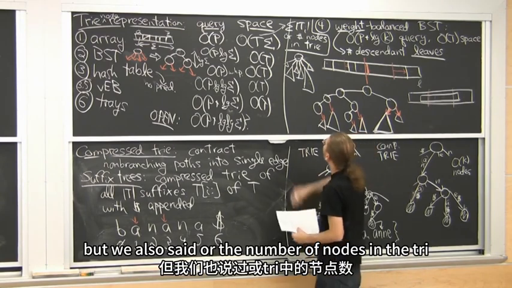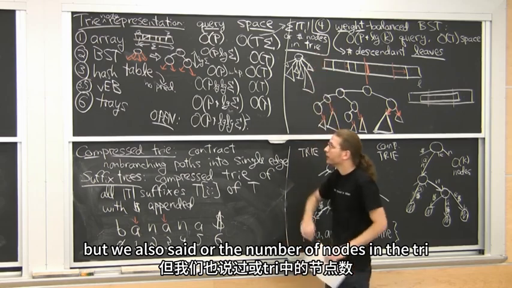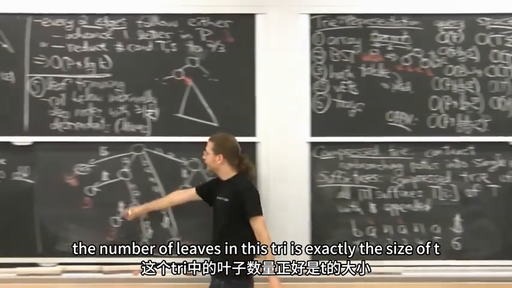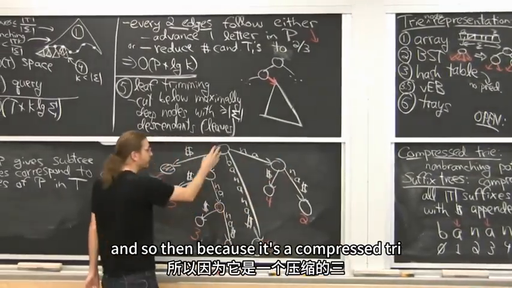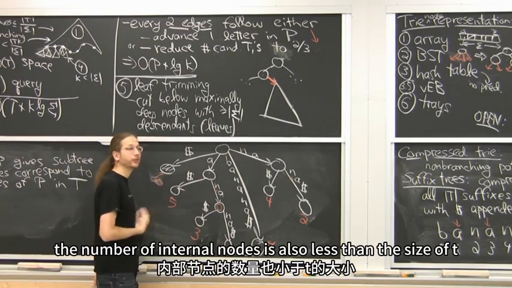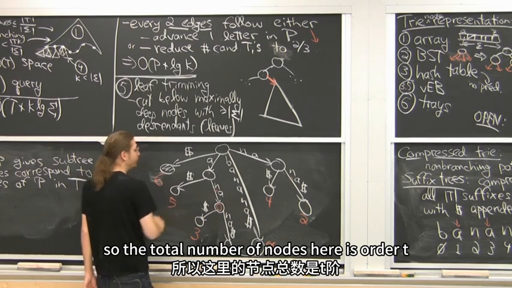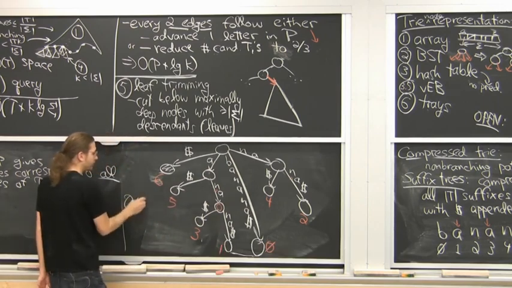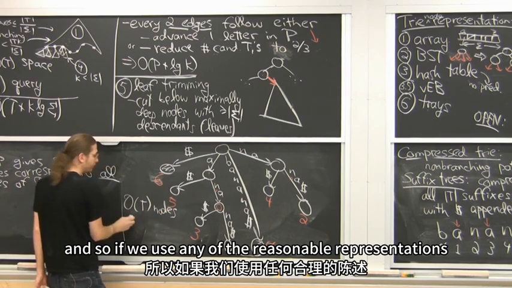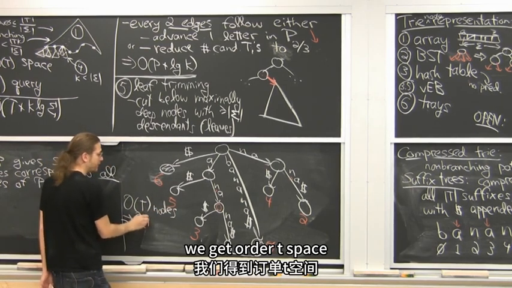But we also said, or the number of nodes in the trie. And we know the number of leaves in this trie is exactly the size of T. And so because it's a compressed trie, the number of internal nodes is also less than the size of T. So the total number of nodes here is order T. And so if we use any of the reasonable representations, we get order T space.